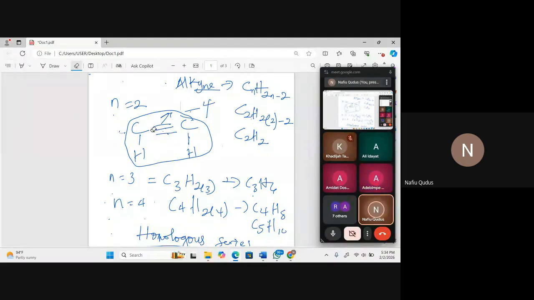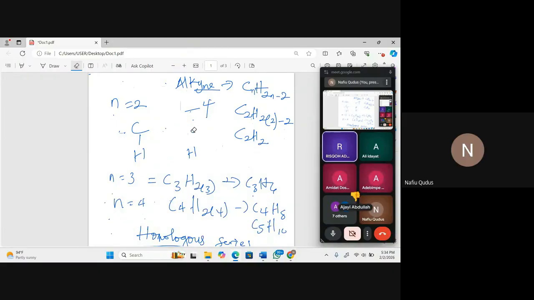If what I just explained is not clear, let me re-explain. For alkyne, we have one hydrogen on each carbon, which is C2H2.